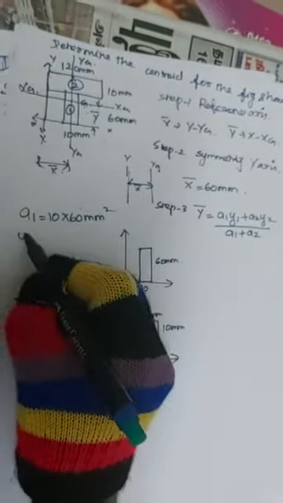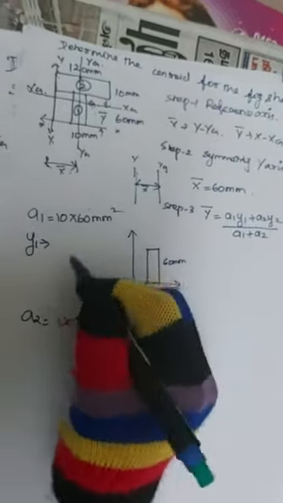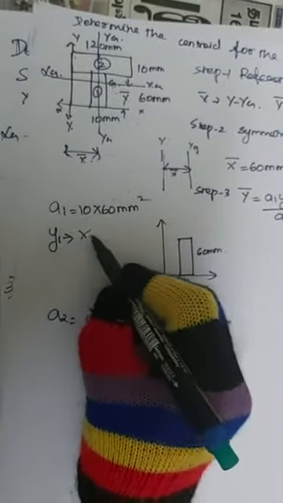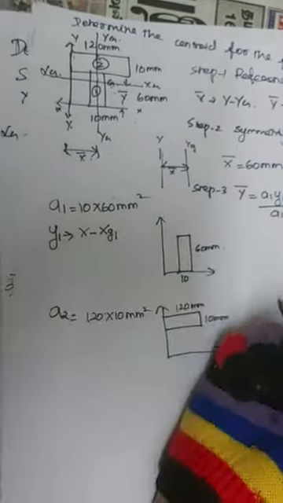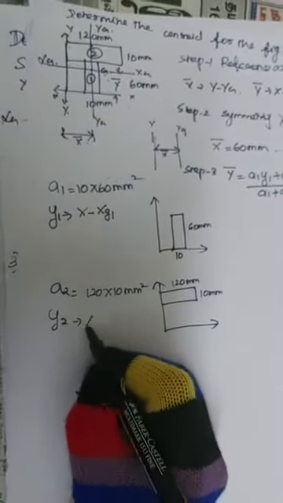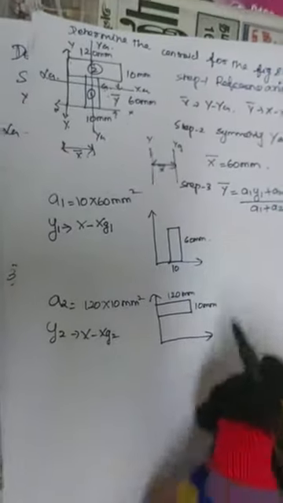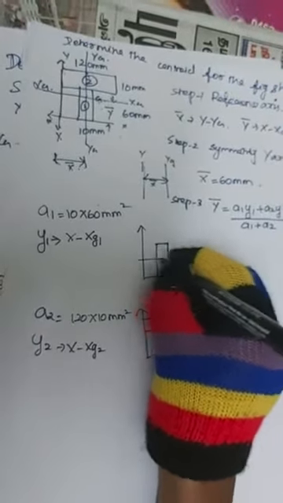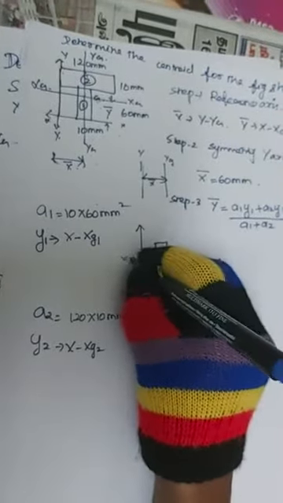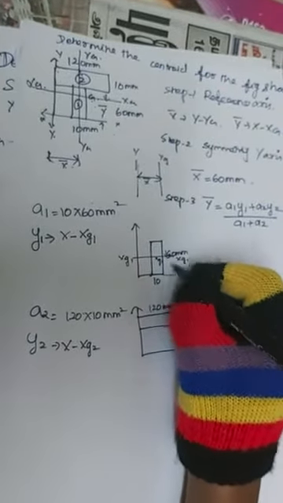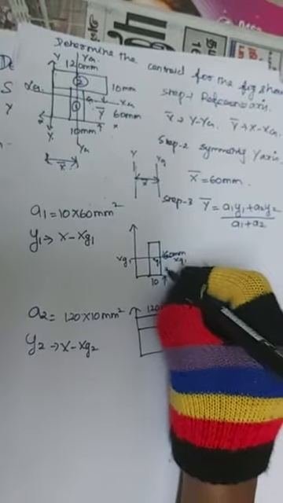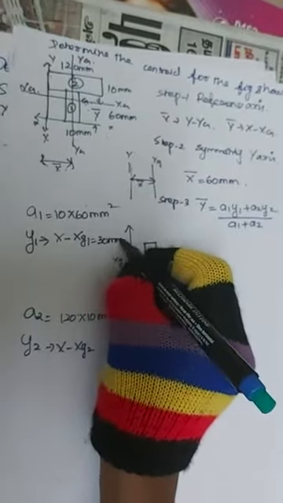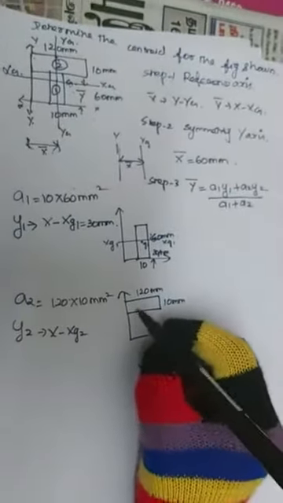Fine. Next, what is y1? It's the distance from the reference axis x to the local axis xg1. And what is y2? The distance from reference axis x to local xg2. Here the local axis will be exactly at the middle, g1. What is the distance from here to here? Exactly half: 60 divided by 2, 30 mm. That is y1. Similarly, what is y2?